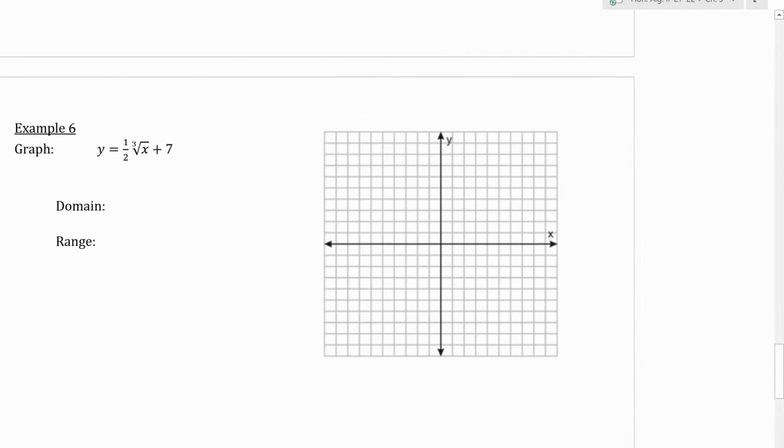Okay. This one, we're going to shrink it vertically. So all the y values are going to be half as high as they were for the same x movement. On a cube root, so we take their regular parent function, and then we're going to move it up 7. Okay, so cube roots, let's just go ahead and get this out of the way. Domain, range, you can do anything and get out anything. So we're not flipping it upside down. So we're going to take that point, move it up 7 places, puts it there.